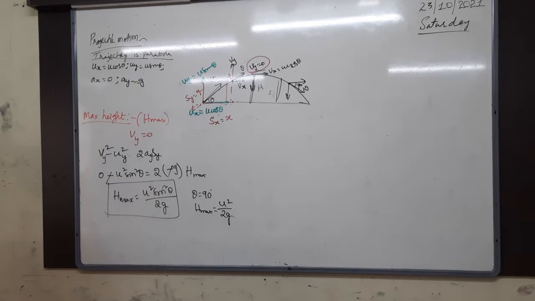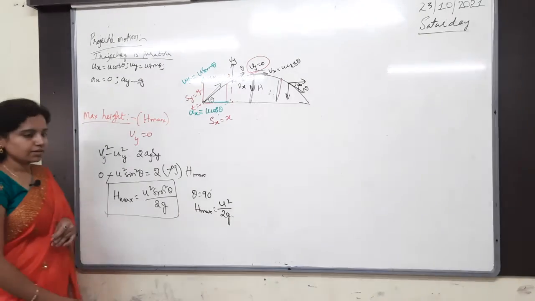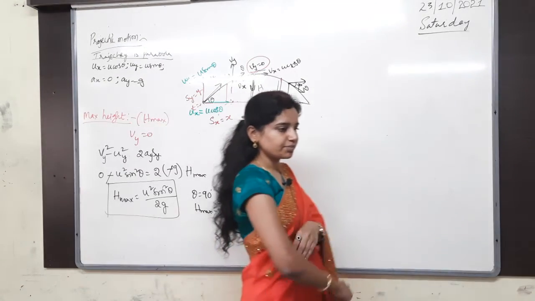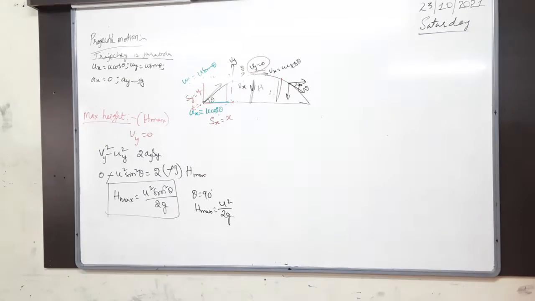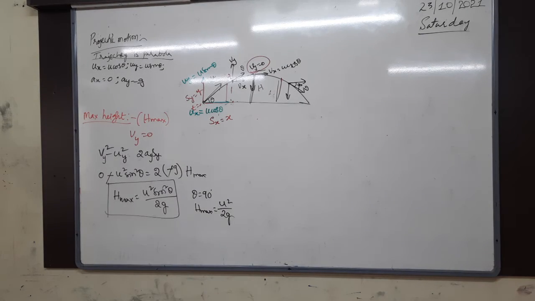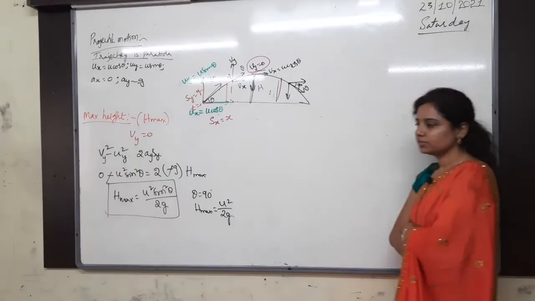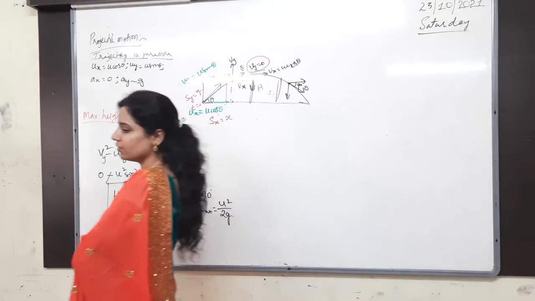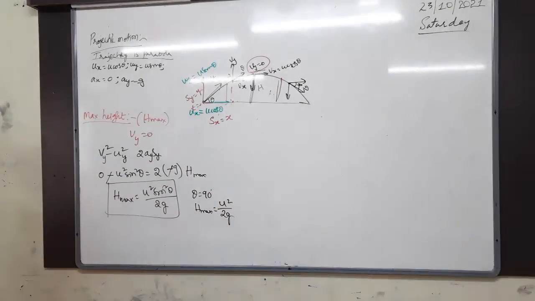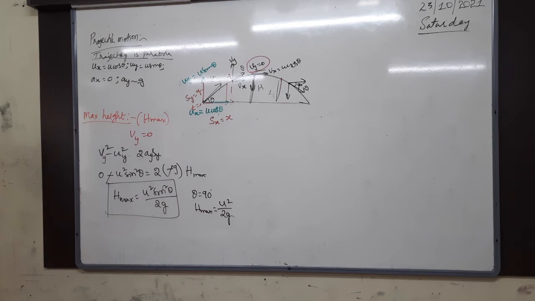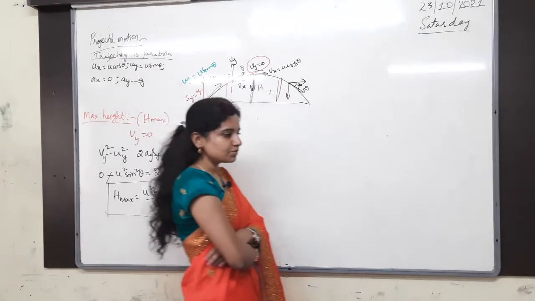Write that. The maximum vertical displacement travelled where the vertical component of velocity becomes 0.